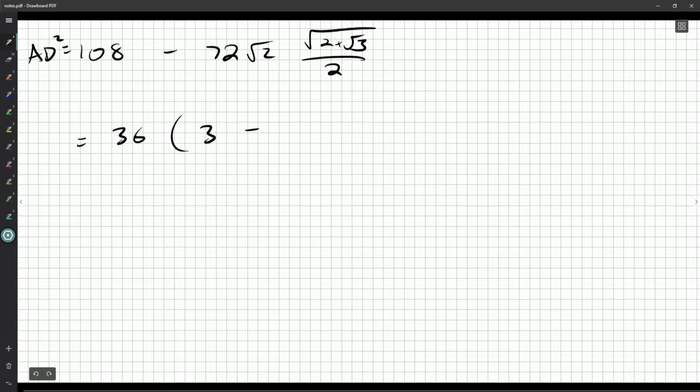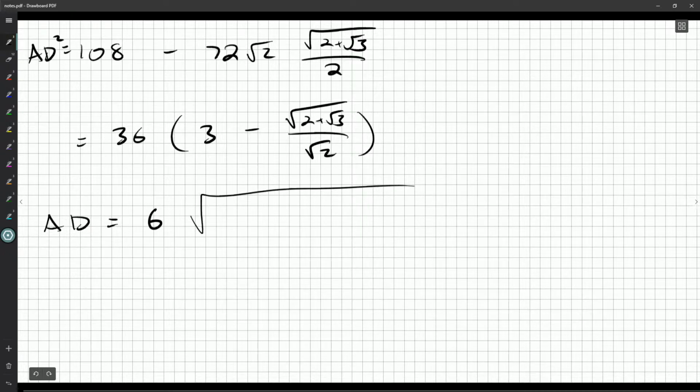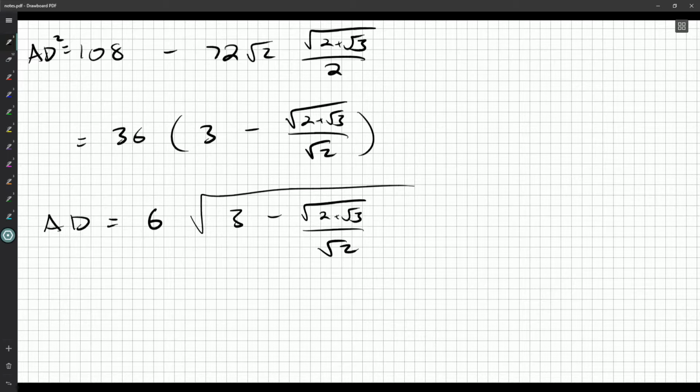We'll get 3 minus square root of 2 plus root 3 over root 2. So square rooting, AD is 6, and then the square root of this expression, which is not particularly helpful. But I'm confident it can be turned into 2 minus root 3 somehow.